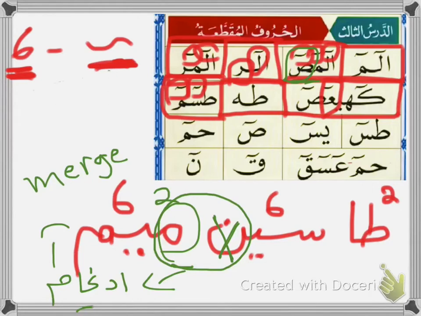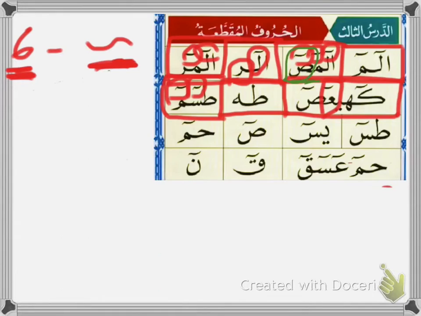Again, we did not say the noon. Like I said, this is idgham. We merge, so we take out the noon and we give the meme two sounds. So we say ta, si, mim.